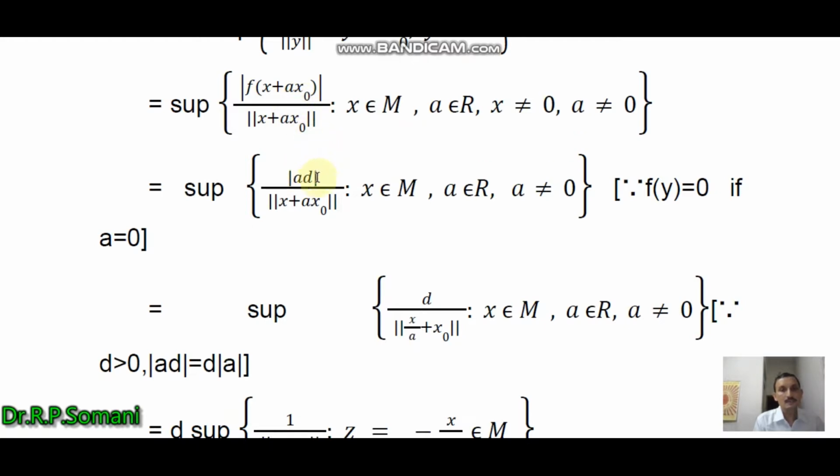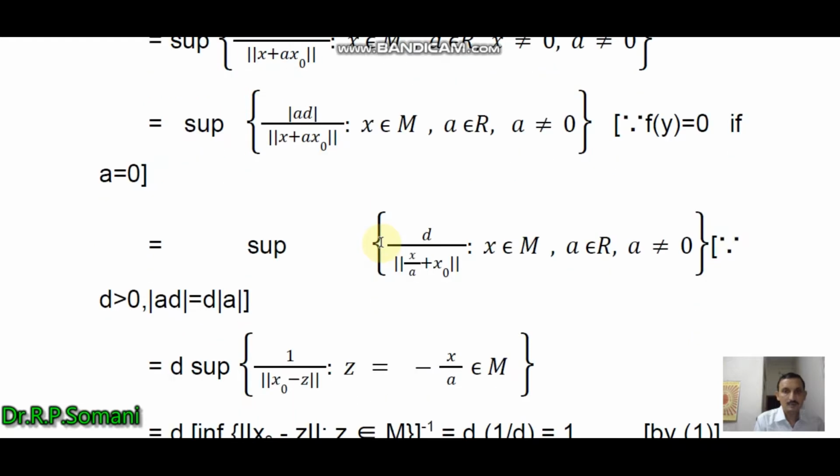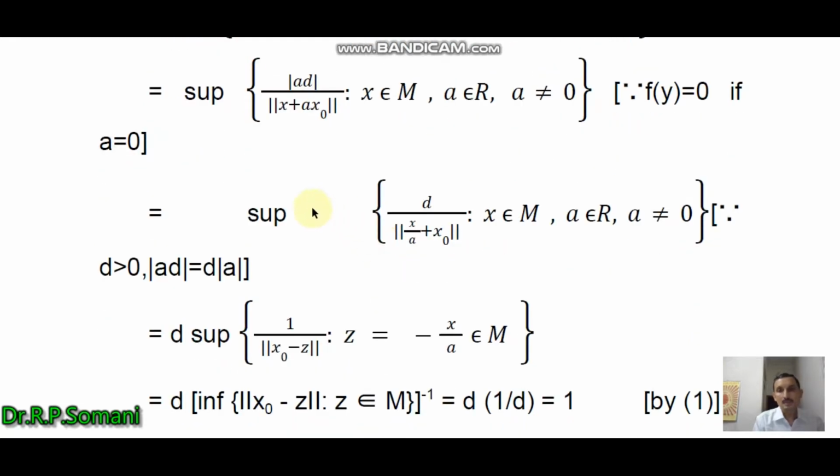This is a d, and now we calculate this as the supremum of d modulus a upon norm x plus a x0, such that x belongs to M, a belongs to R, and a is not equal to 0, because d is greater than 0 and the value of a d equal to d modulus a.